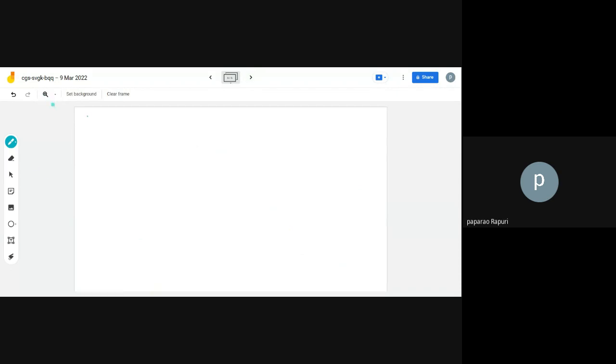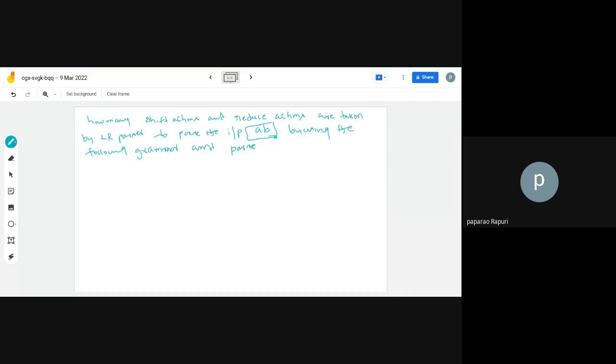Take an example: How many shift actions and reduce actions are taken by the LR parser to parse the input AB by using the following grammar and parse table.